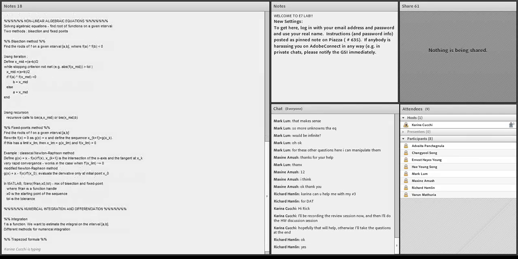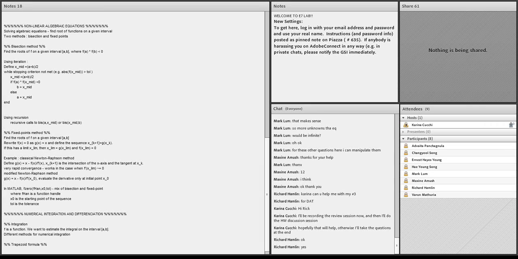So the first method that you saw is the trapezoid formula, where you approximate the integral on the interval AB by the area of the trapezoid defined by the points A0, so the point on the x-axis having the abscissa A, the point B0, and then the images of B and A by the function, so B FB and A FA.